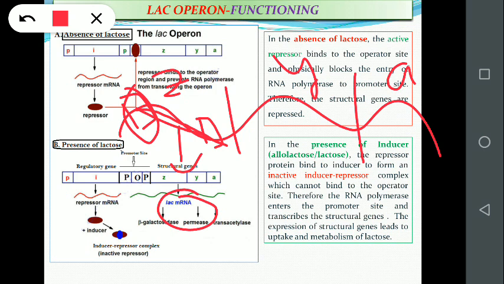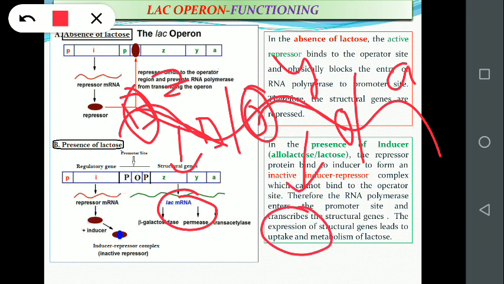And for the Y region, within the same polycistronic mRNA, we will have another initiation codon and termination codon. Because of this, another set of ribosomes translates this region and produces the Y product, that is permease.